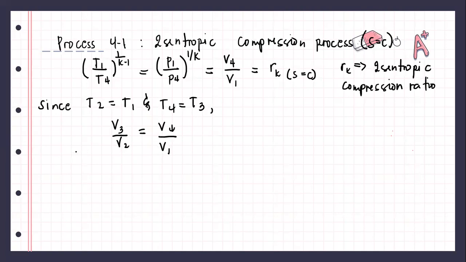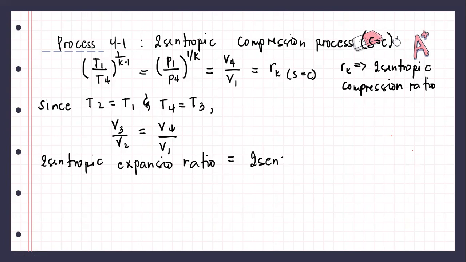Okay. Then the isentropic expansion ratio is equal to isentropic compression ratio.